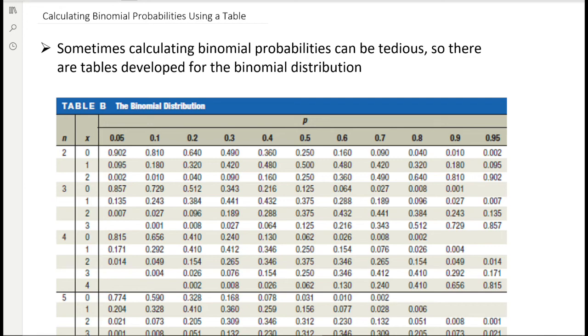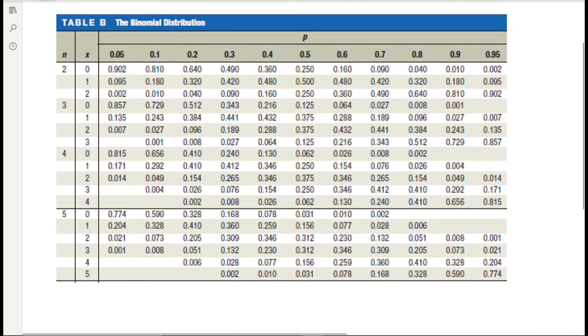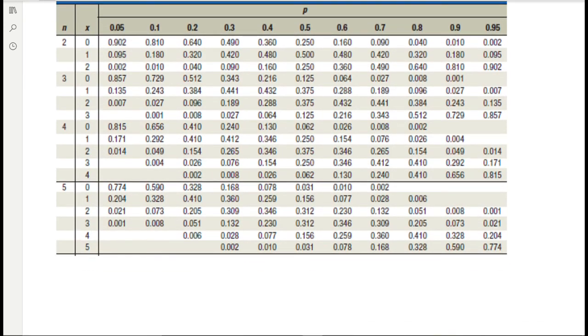So for instance, in the example that we had earlier, we had 5 teenagers, right? So n is equal to 5, and the probability of success in this case was 0.3. So we're going to go ahead and find the intersection of those. Now, we wanted in this example 3, 4, or 5, right? So we're looking at 3, 4, or 5, which means that we're going to be adding these probabilities together.